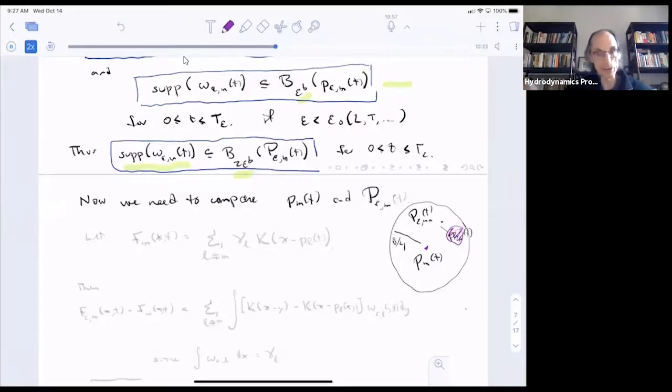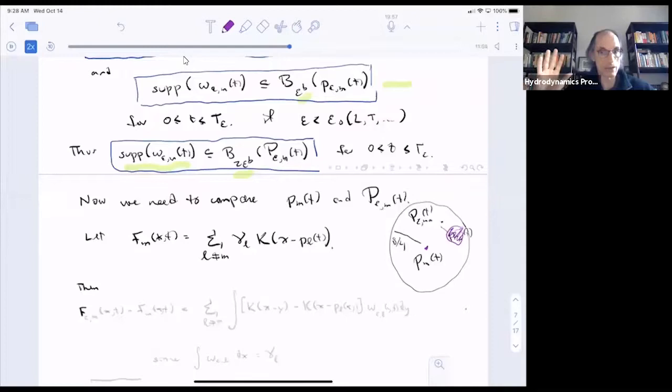These solve slightly different ODEs. Little p sub m of t solves an ODE where the right-hand side is what I'll call f sub m, which is what I'm writing down here. This is just the right-hand side of the point vortex ODE system.